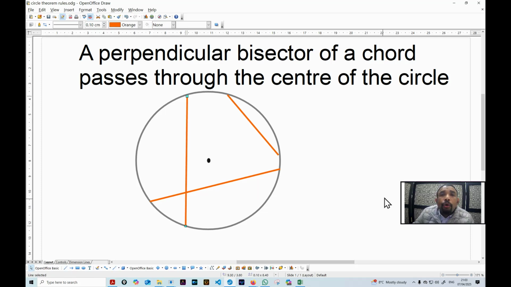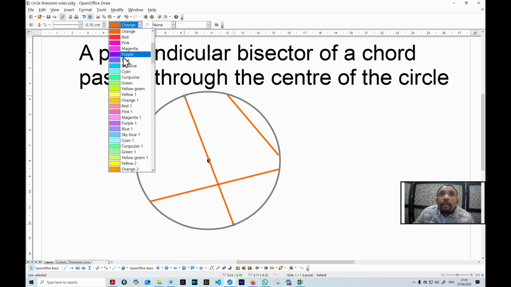When the chord goes through the center of the circle, there is a special name for it. It's called a diameter.